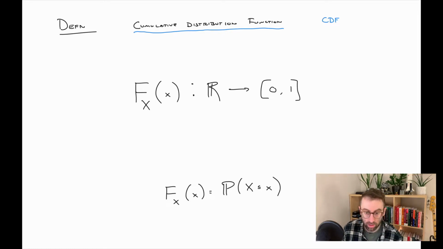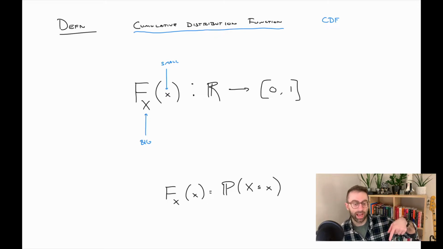This is also a function, and I want to note again that this x here is small, and the big X is the random variable. The subscript big X just notes that this is the cumulative distribution function for that random variable. Sometimes we won't put that subscript when it's obvious from context, but sometimes we will when it's less obvious.